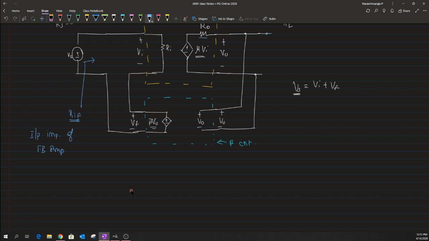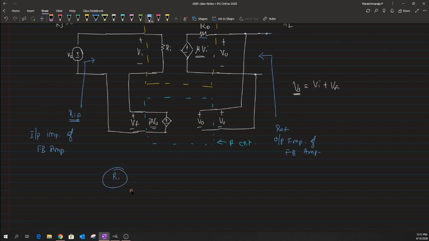And I'm just going to label this output as ROF, which is termed as the output impedance of the feedback amplifier. Okay. So now this is quite different from the way that I have modeled the previous input and output resistances, where the input resistance of the basic amplifier was taken as Ri.